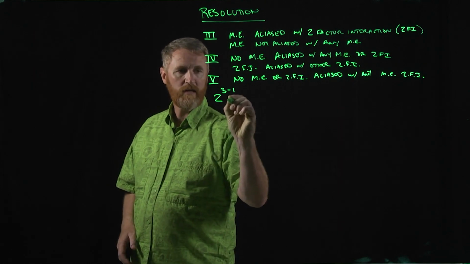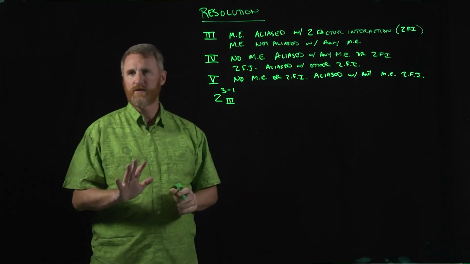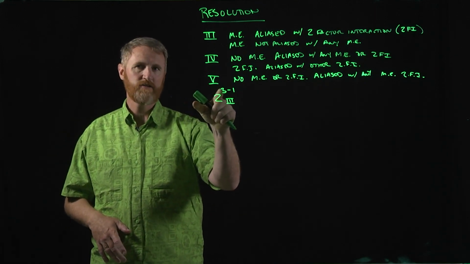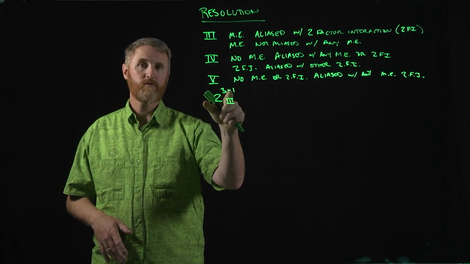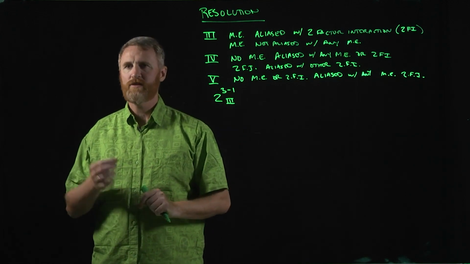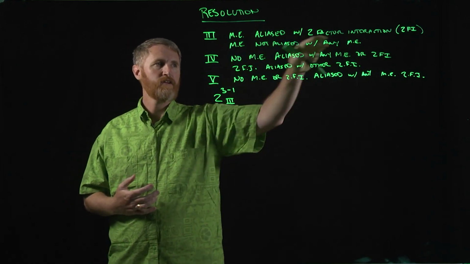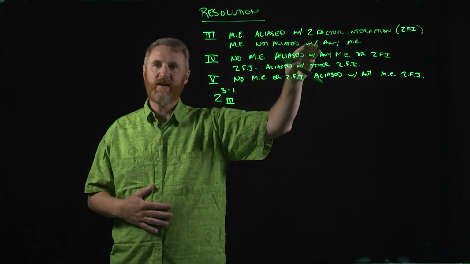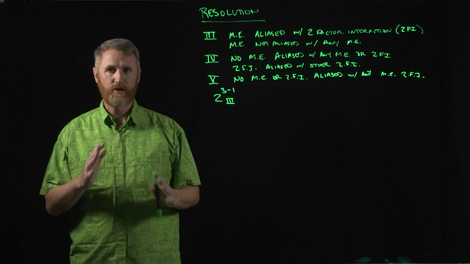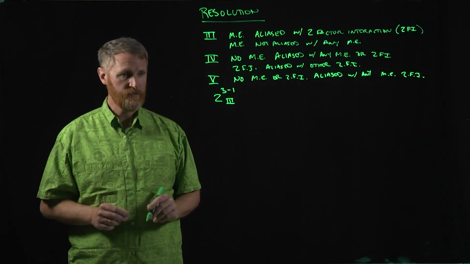That, as you recall, is of resolution 3. So do you see how we write the notation? 2 is telling us how many levels. This is how many factors we have. This is how much we fractionated or how clever our subset is. And then this describes the resolution of the final experiment, meaning I can identify main effects, but some of those main effects are aliased with a two-factor interaction, so my ability to know what's what in this experimental design is a little bit compromised.